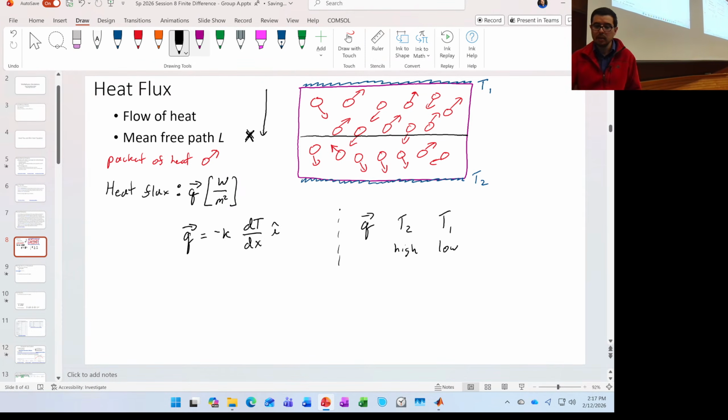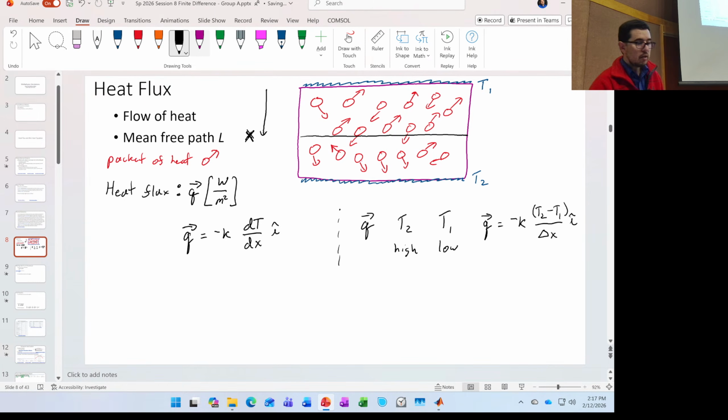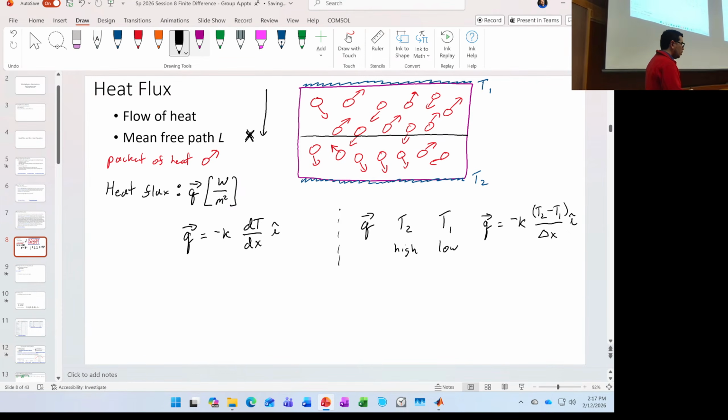Okay, it's going to be going in the direction opposite of this, right? So in that case, I would have a Q, and we keep the negative K there. And for it to be negative, I have this term here. My delta is the T2 minus the T1 over delta X, and then I have an i hat direction.